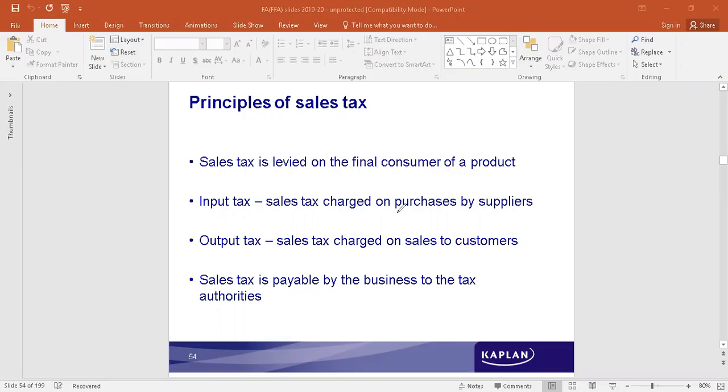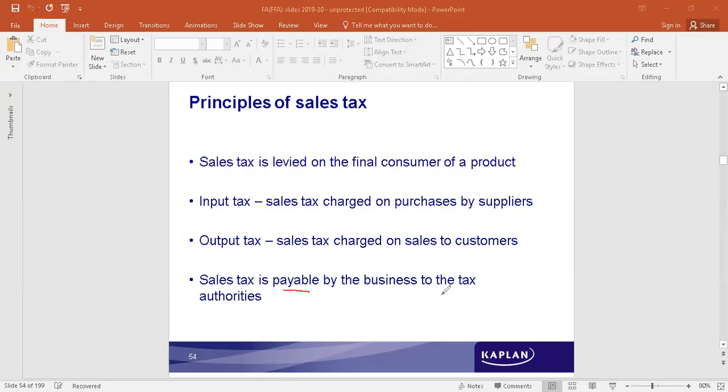Until the sales tax amount is paid, that would be a liability for the seller. The sales tax is payable by the business to the tax authorities. Till the amount is settled, this portion of the price, which is sales tax, will appear as a current liability.